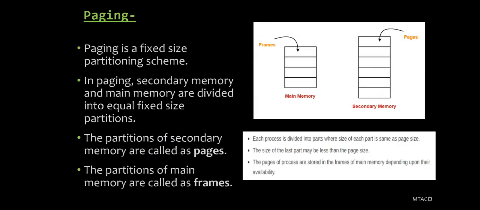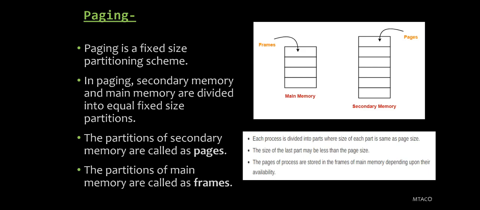So what is paging? Paging is a fixed size partitioning scheme. In paging, your secondary memory and your main memory are divided into equal fixed size partitions. Do you know what is the main memory of your computer system and what is your secondary memory?